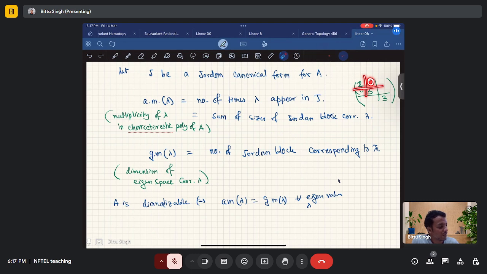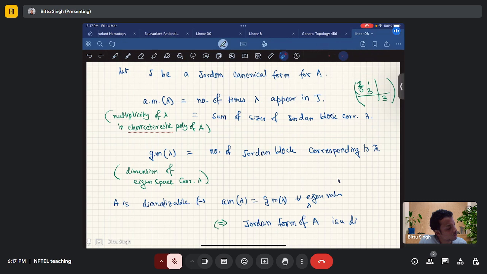So we can separate those two things, making individual blocks. This is if and only if the Jordan form of A is a diagonal matrix.